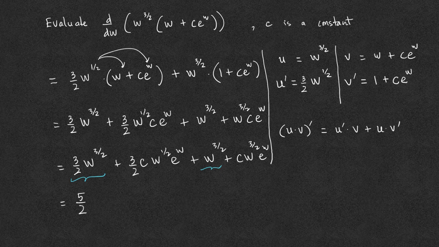So there are 5/2 w to the 3/2 power plus 3/2 c w to the 1/2 e to the w plus c w to the 3/2 times e to the w. And this is the final answer.